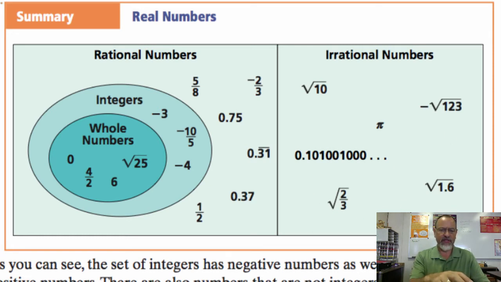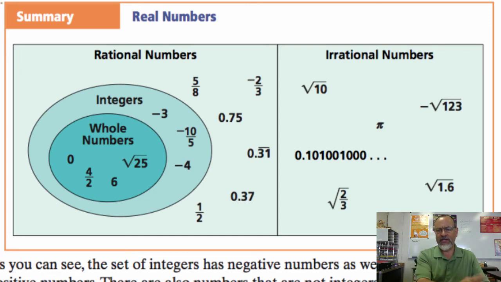But maybe think of it this way. If you take a fraction, 1/2, and you divide it out, either on your calculator or with long division, the decimal equivalent of that number will end: 0.5. So the decimal ends. Or if you take the fraction 1/3 and divide it out, you're going to get 0.33333. It repeats, that 3 repeats over and over.